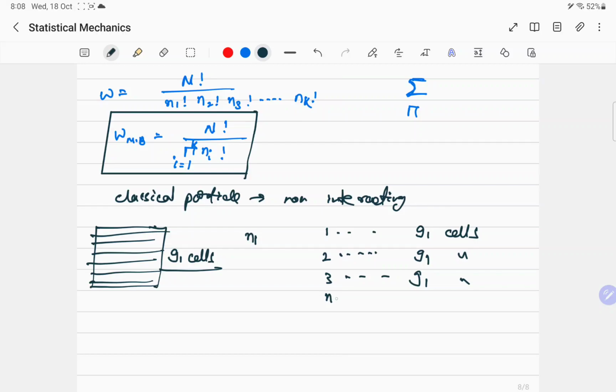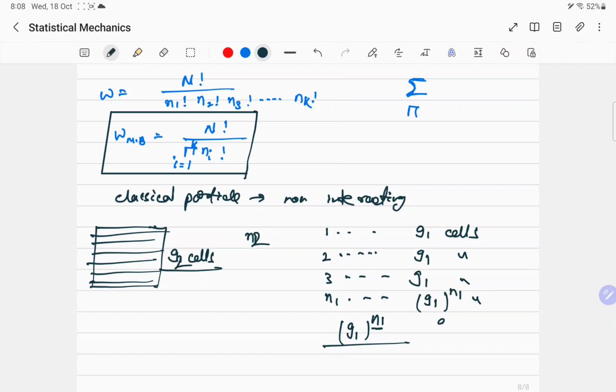So for N1 particles there are G1 to the power N1 ways. So that is the total number of ways to distribute N1 particles in these G1 cells. Now for the next box it was G2 cells and N2 particles.